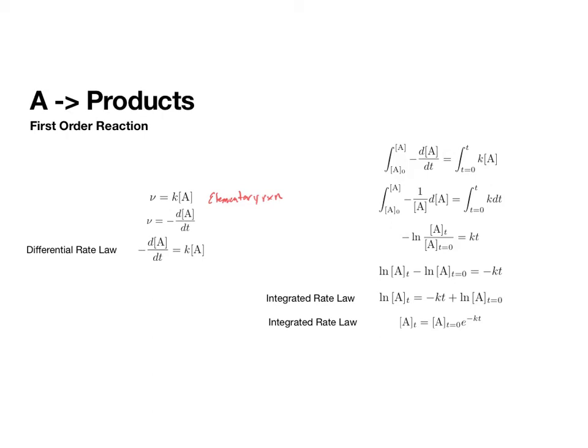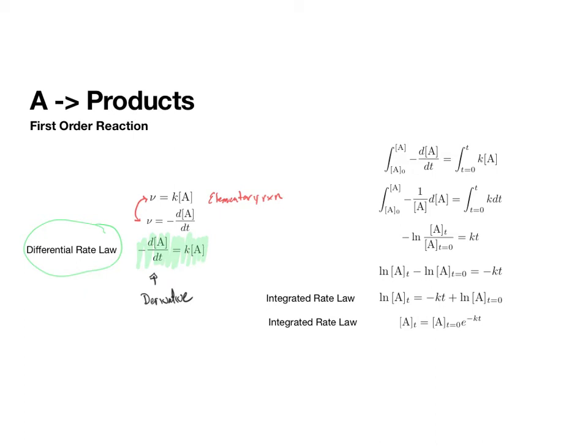If I put these together, I can say that this negative change in the concentration with respect to t is equal to k times [A]. This is what is known as the differential rate law.